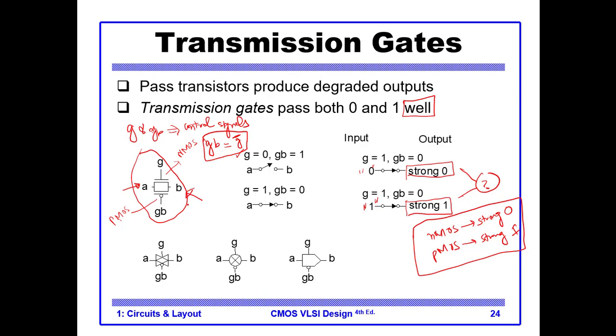Depending on how you want, you can transfer A to B, or you can transfer B to A. So when A and B are connected, controlled by the switch G and G bar, the signals are already strong.